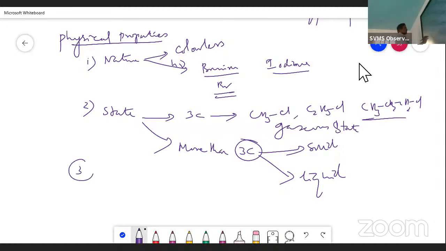Then thirdly, we go for boiling points and melting points.